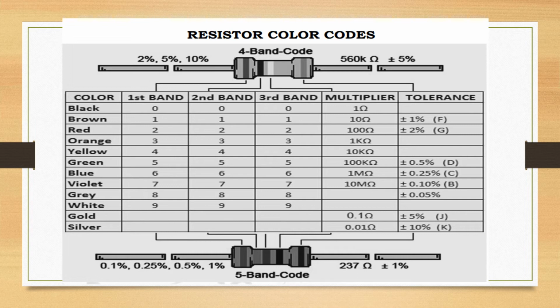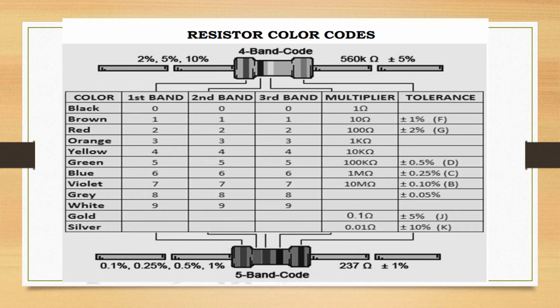The multiplier for blue is 1 mega ohm. Its tolerance is plus or minus 0.25%. While violet, first to third band, is 7, its multiplier is 10 mega ohms, and tolerance is plus or minus 0.10%.